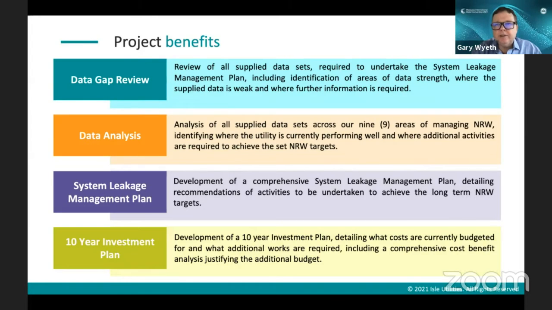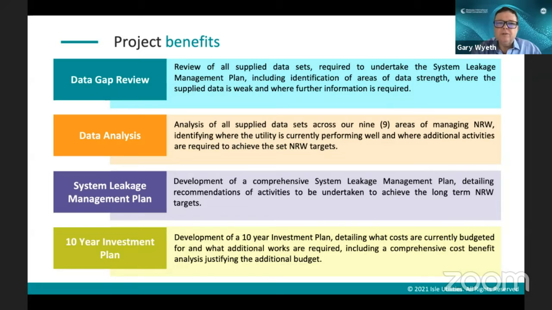The recommendations that we would give would be things like increase active leak detection, install more PRVs, maybe do advanced pressure management, more pipe replacement, all of the standard works that need to be undertaken to manage your non-revenue water.